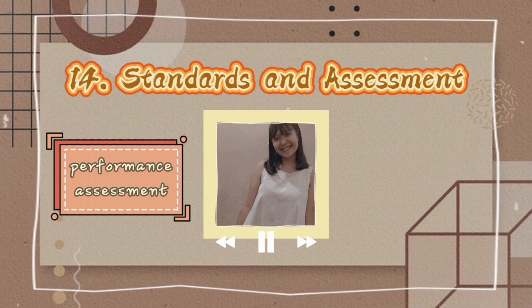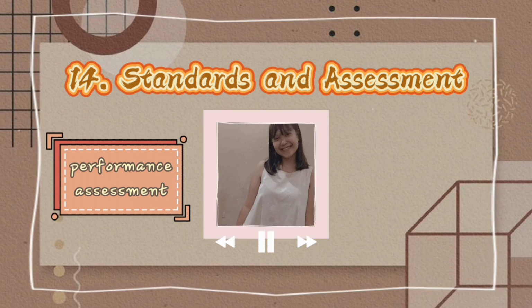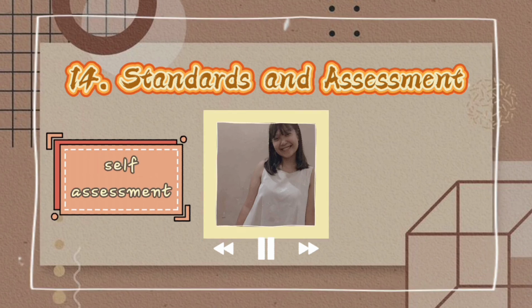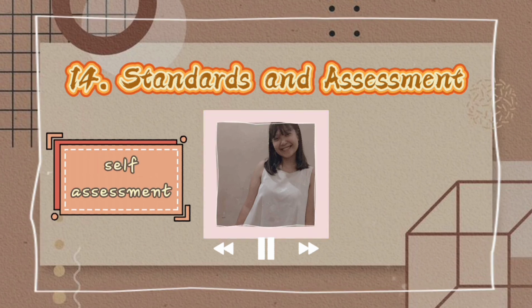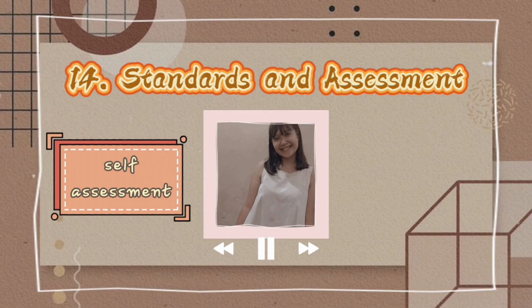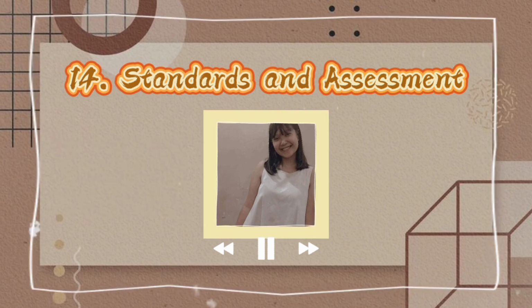Performance assessment can provide other sources of information about the attainment of learning outcomes. Self-assessment of learning progress can also improve students' self-appraisal skills and enhance motivation and self-directed learning.